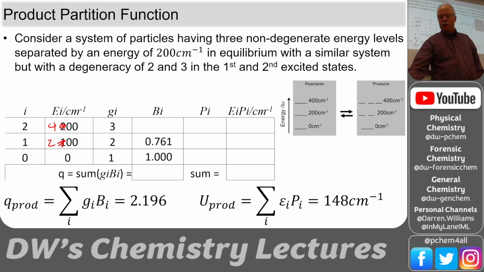And then the Boltzmann factor for the most excited state, that second excited state, I don't remember what it was, 0.14 or something, and then we multiplied by 3. So it's up to 0.435. So these are the various Boltzmann factors for the ground and excited states on the product side. So we sum those together, and that's the partition function. So we get 2.196 for our partition function here.